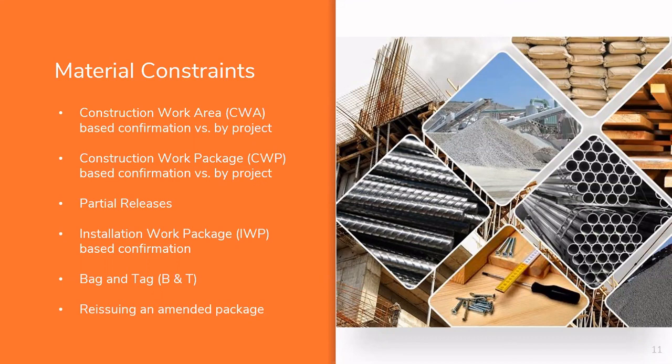Now, most projects will say when a CWP gets released, all of the materials that are associated with that CWP need to be there. But the reality is often that's not the case. Often things have been delayed and we want to get some work done, so we do a partial release. When we do these partial releases, some of the materials showing in the CWP are often not there yet.